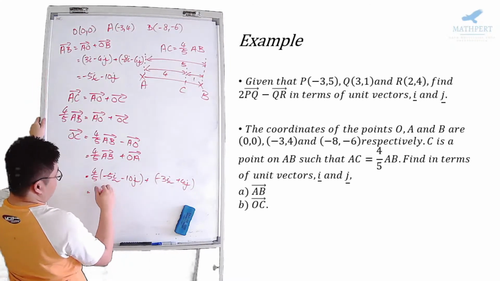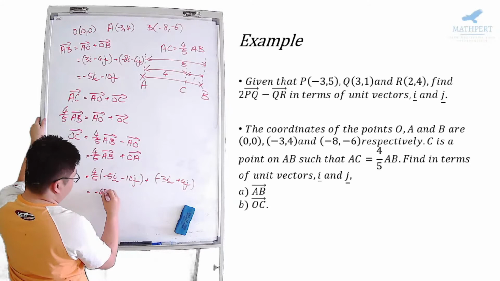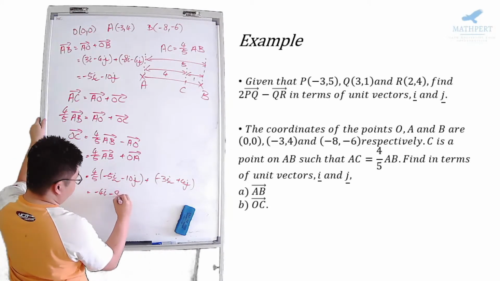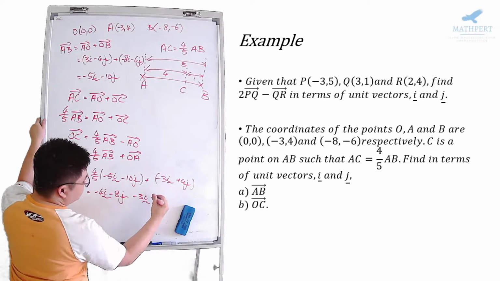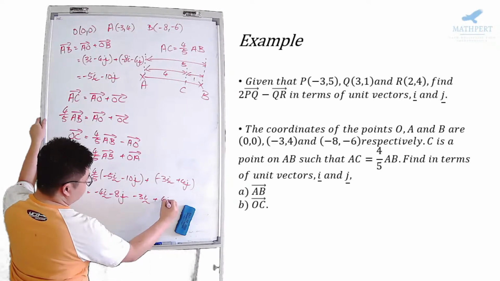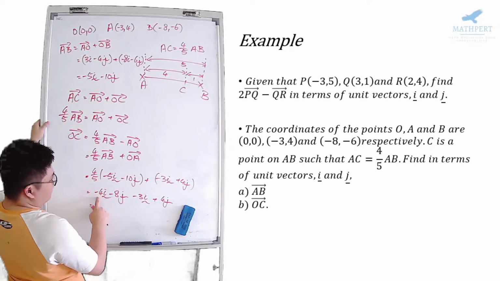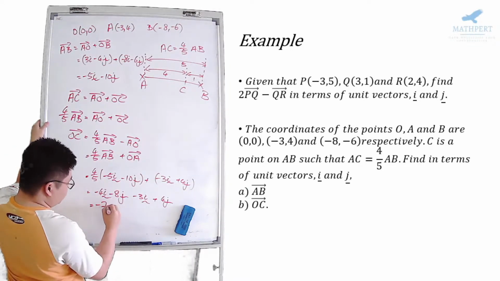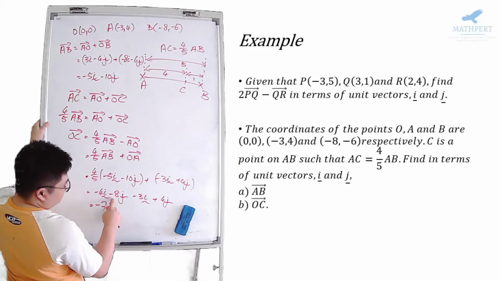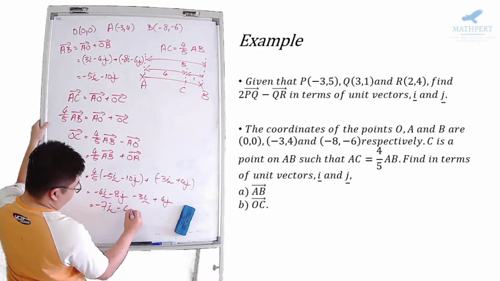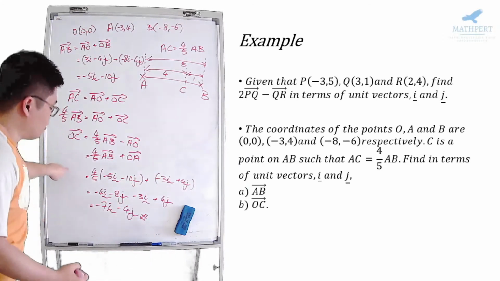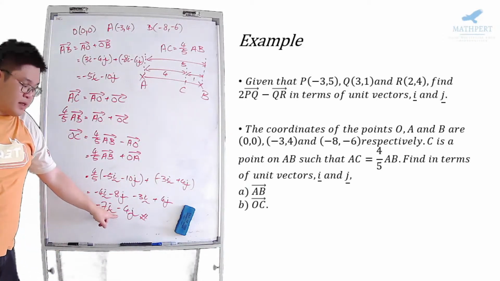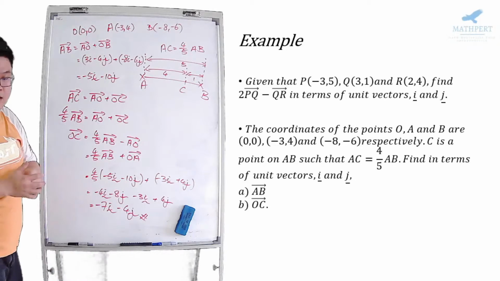So this will become negative 4i, this will become negative 8j, minus 3i plus again plus 4j. So negative 4, negative 3 again, negative 7i; negative 8 plus 4 again, negative 4j. So OC is equal to negative 7i minus 4j.